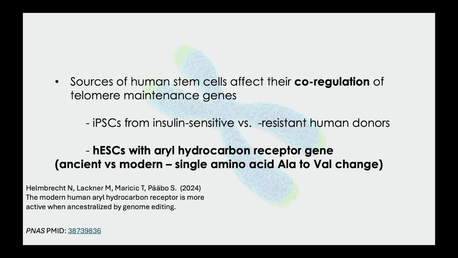People have evolved an aryl hydrocarbon receptor gene, which in all modern humans is different from that in Neanderthals and Denisovans. It's an alanine to valine change, and it makes the active site less able to bind the toxic ligands. So what they did was use human embryonic stem cells and engineer them by CRISPR to have the ancient form, which we can't find on planet Earth right now.